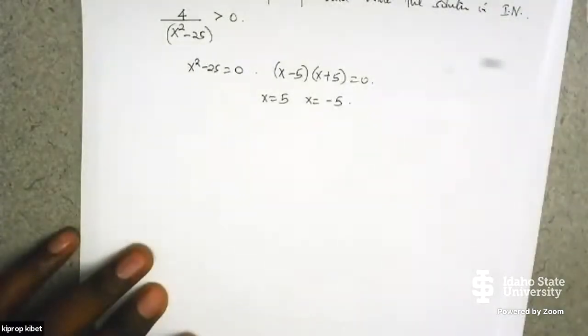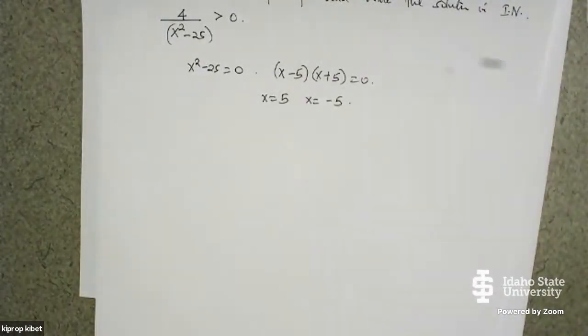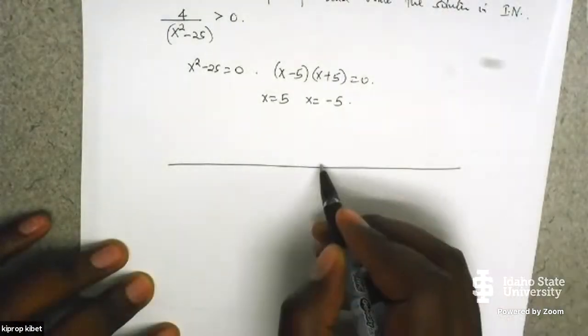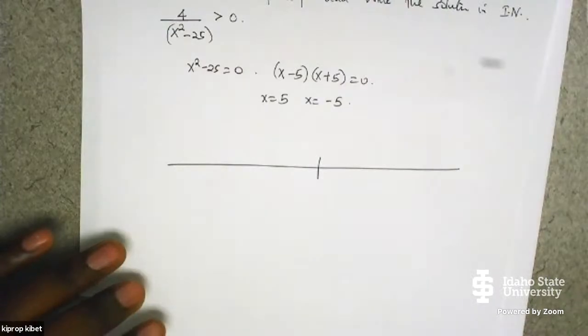Now, once we get those points there, we come here and draw the interval notation.